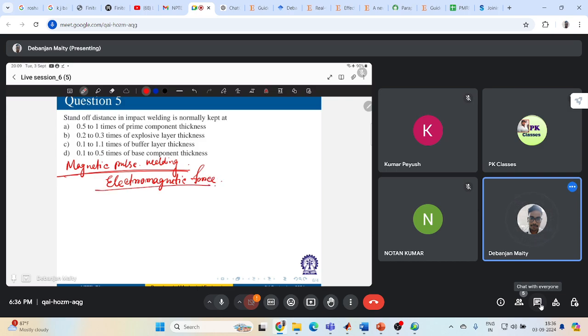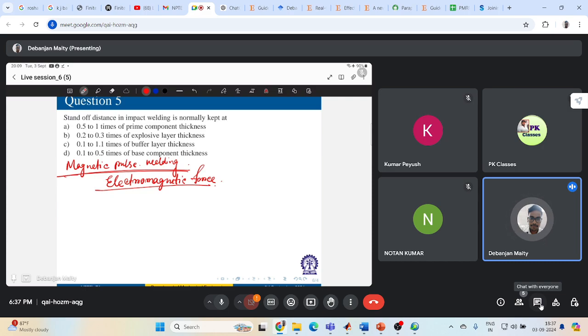Typically, there is no need to apply any external heat, or to provide any filler metals. This is a solid state welding, right?